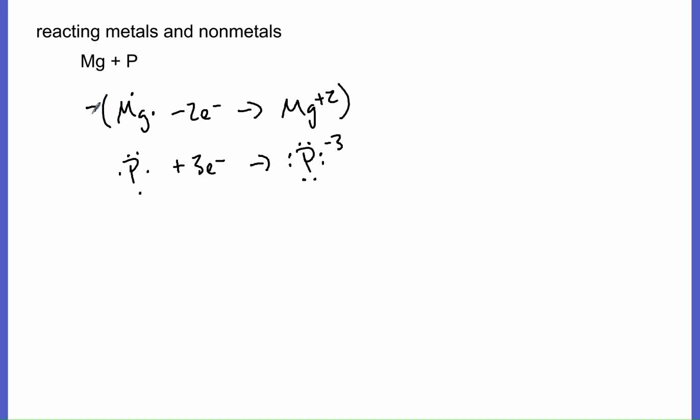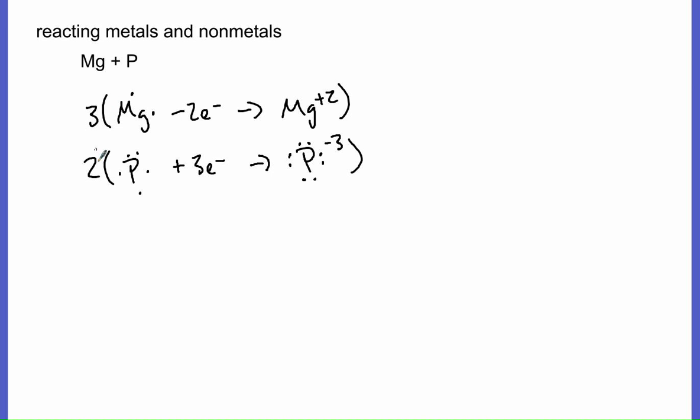Which, if I multiply this top row by 3, so there's 3 magnesiums here, 6 electrons being lost, and 3 magnesium ions that are being formed, right? I could balance that out with 2 phosphorus atoms that are gaining 3 electrons apiece, because that'd be 6 electrons total, right?